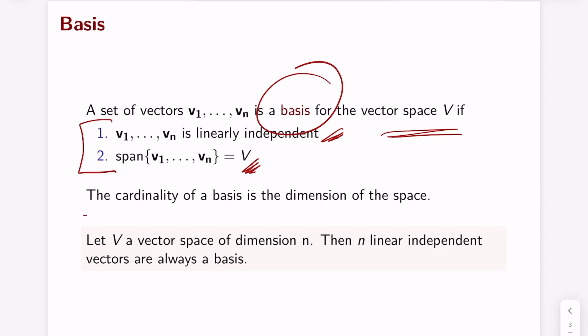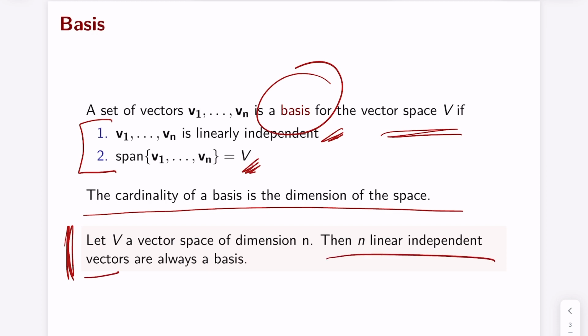And the cardinality of a basis is the dimension of the space. All the bases have the same number of vectors, and that is going to be the dimension of the space. A particular result that is sometimes useful in practice: if a vector space has dimension n, then n linearly independent vectors are always a basis.